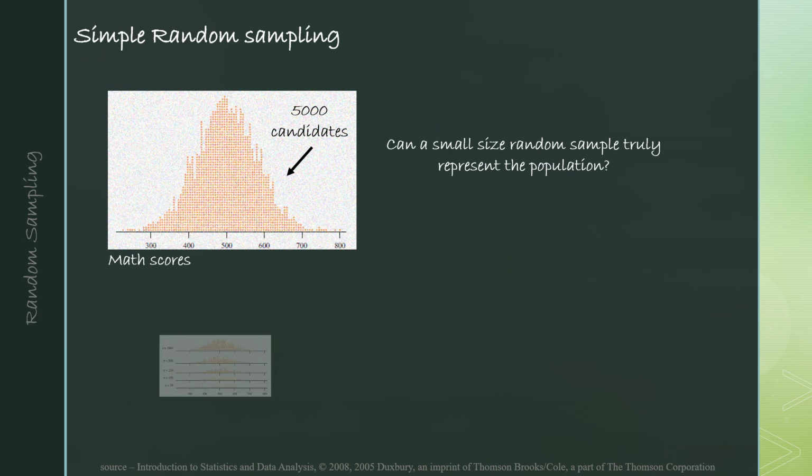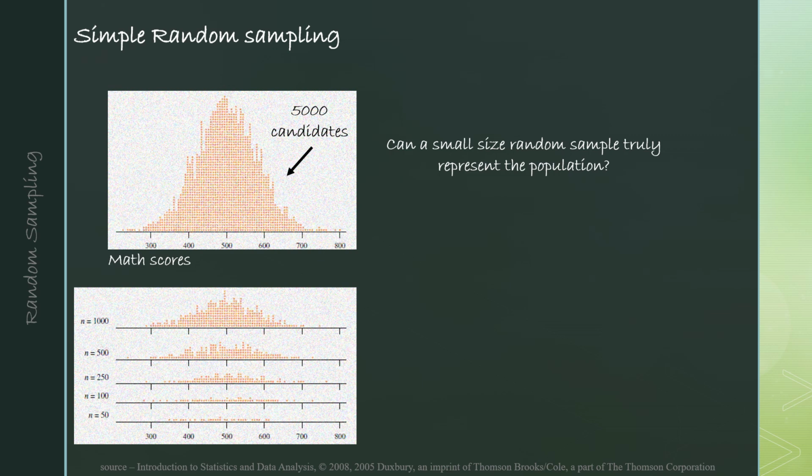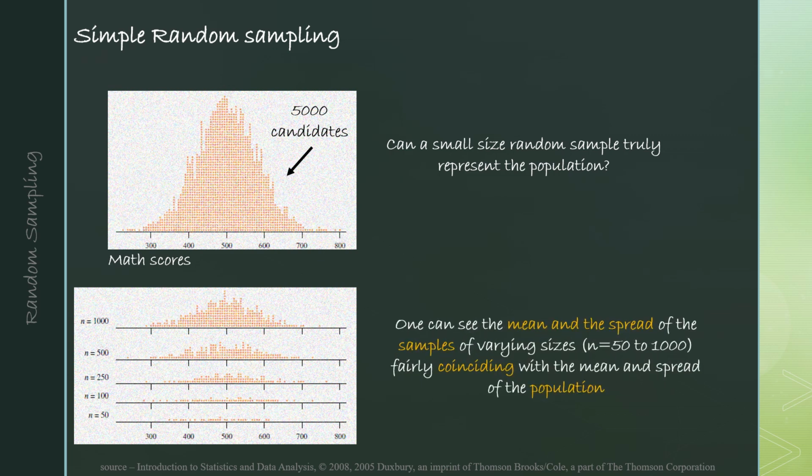Here are the dot plots of samples of various sizes n drawn using simple random sampling from the above population. One can see the mean and the spread of the samples of varying sizes ranging between 50 to 1,000 fairly coinciding with the mean and spread of the population.